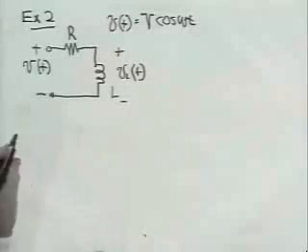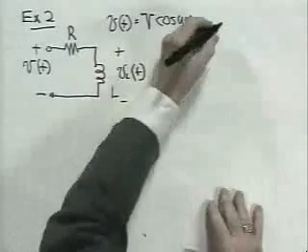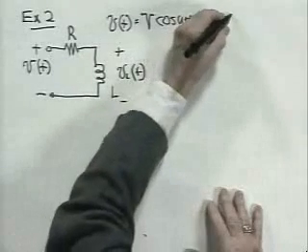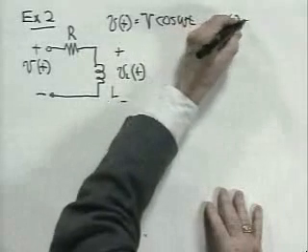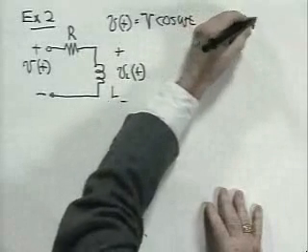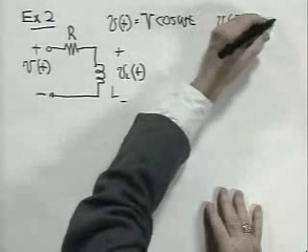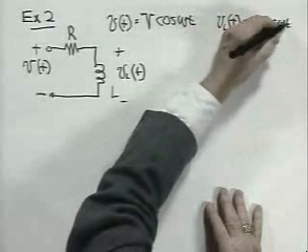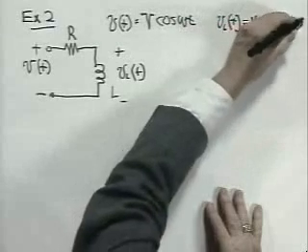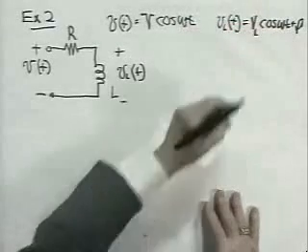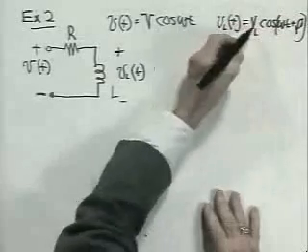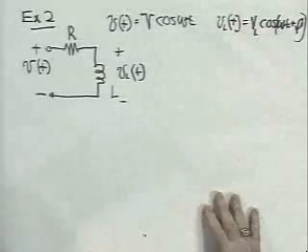So the complex amplitude, remember now, V sub L, the result, is going to be of the form some amplitude V sub L times cosine omega t plus an angle, I'll call it phi. We've got to determine V sub L and phi.